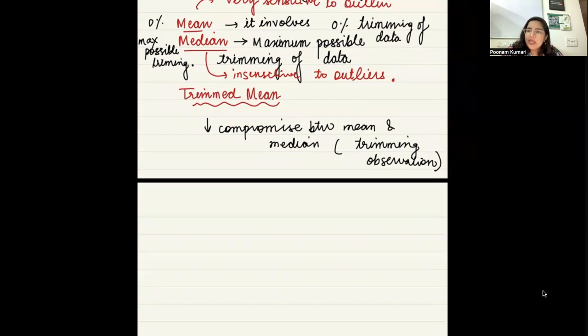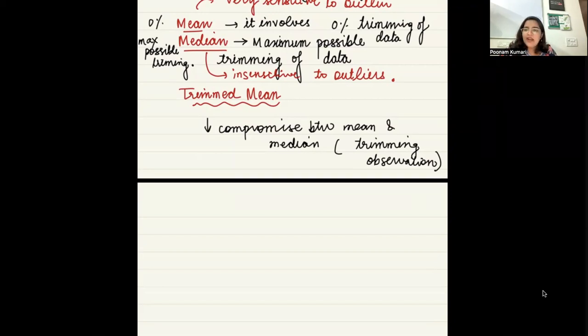What level of trimming do you want in the mean? If they say 5%, we will remove 5% of the data. If they say 10%, we will remove 10% of the data. So trimmed mean means that you trim your data points and then you calculate the mean. Okay. So how do you calculate trimmed mean? What are the different methods? We will try to understand that now. That is our goal here.